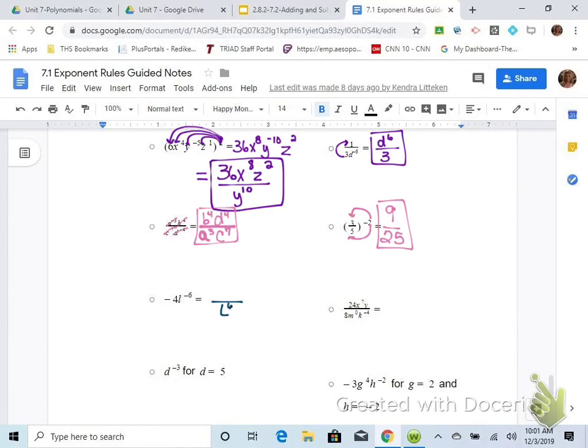Okay? So what's going to be my numerator? What's going to stay on the top here? Negative 4. Now, negative 4 is fine. We're going to leave it as a negative 4 because it's a coefficient. It's not an exponent. That doesn't matter if it's a negative. It's only an exponent that cannot be negative. And then my favorite rule, anything to the 0 power equals 1. So anything to the 0 power is going to equal 1.